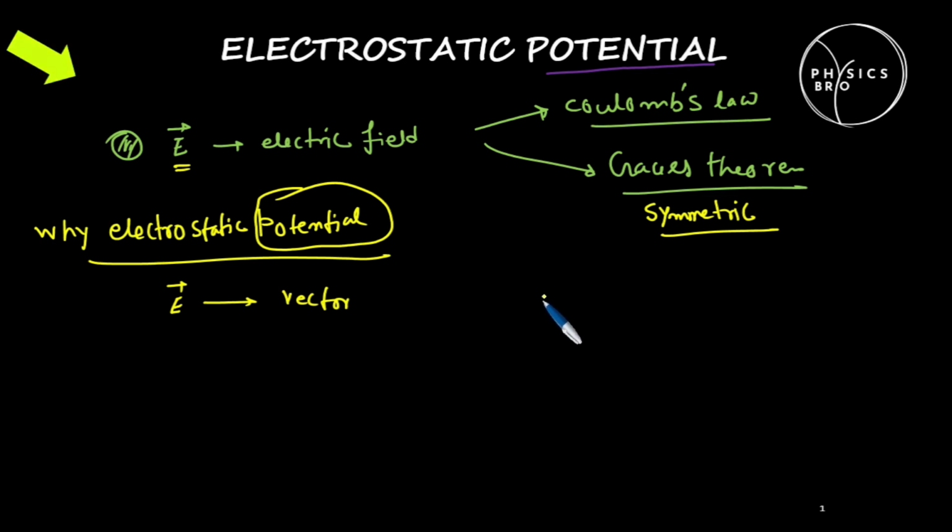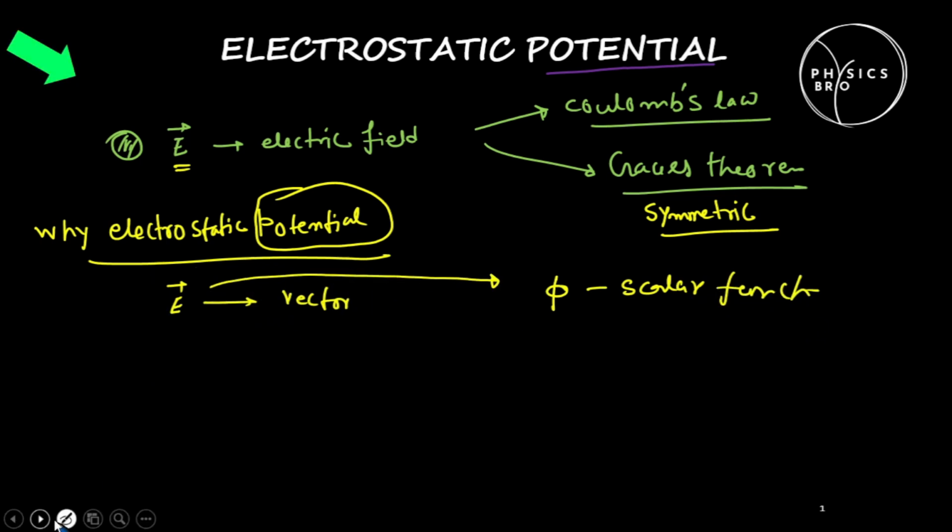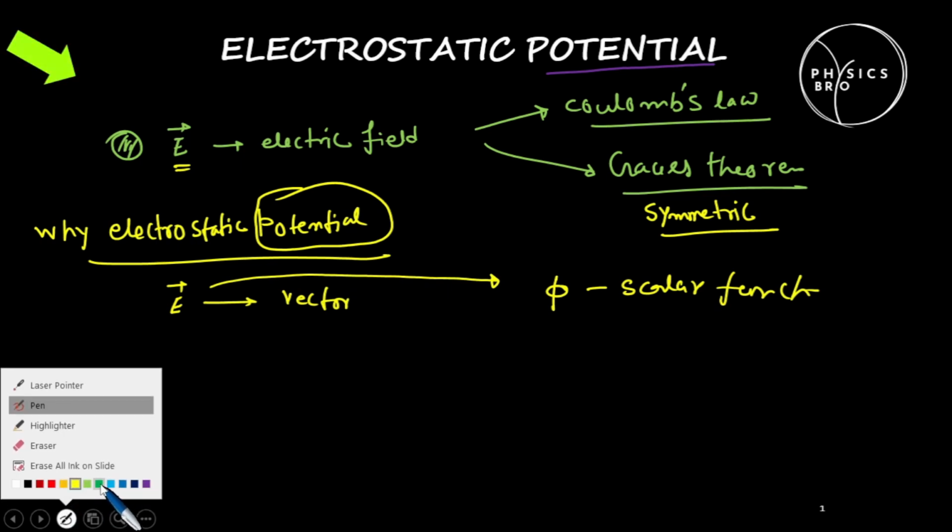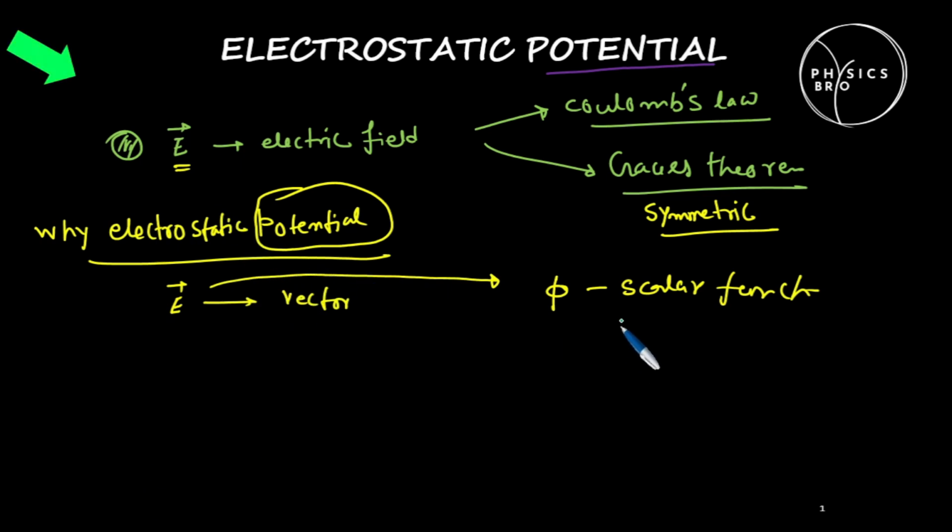But if we have a scalar function, say phi, and we can replace the electric field by some scalar function, then I think this will be very easy to understand, because scalars just add, they don't have any direction. So that's why electrostatic potential comes. But we must have some rules. What will be the rules, and why can you use it?